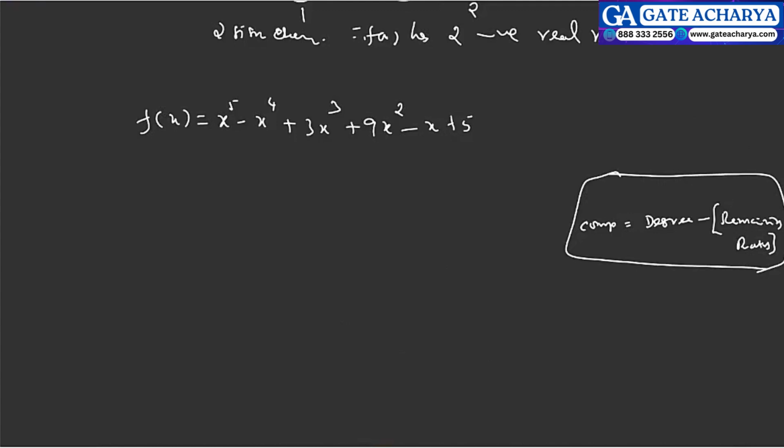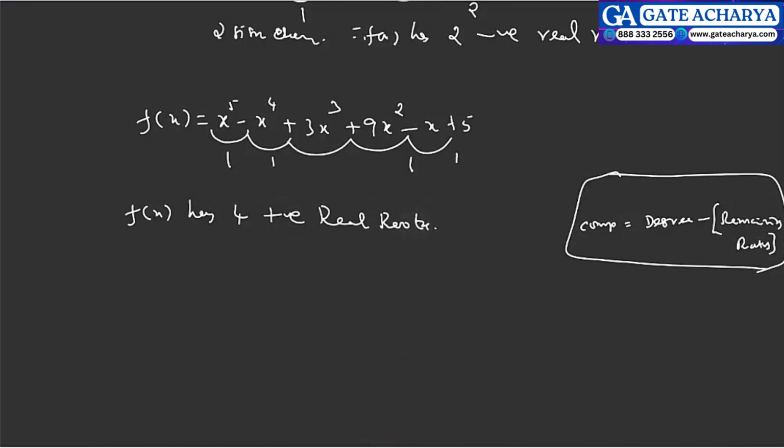So first, what is f of plus x? One change, again one change, no change, again one change, again one change. So f of x has 4 positive real roots. The remaining one root is maybe negative or complex. So next, what is f of minus x?